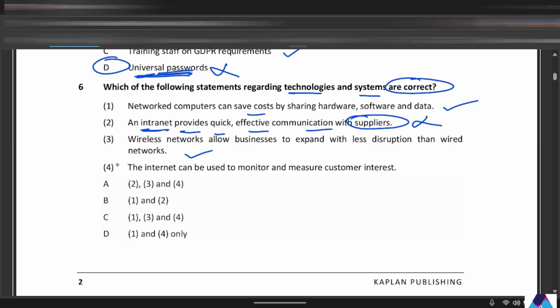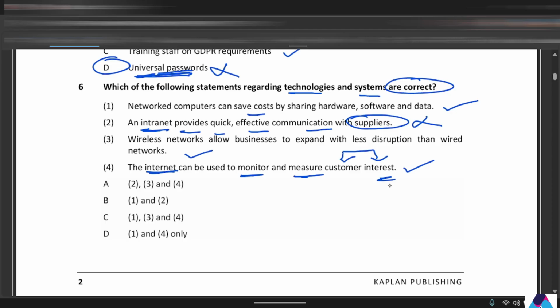Now the fourth one says the internet can be used to monitor and measure consumer interest. Yes, obviously. Facebook, Instagram, right? You guys know marketing, so you know how marketing is done on social media. Isn't that the use of the internet to monitor and measure what your customer wants, the customer interest, right?